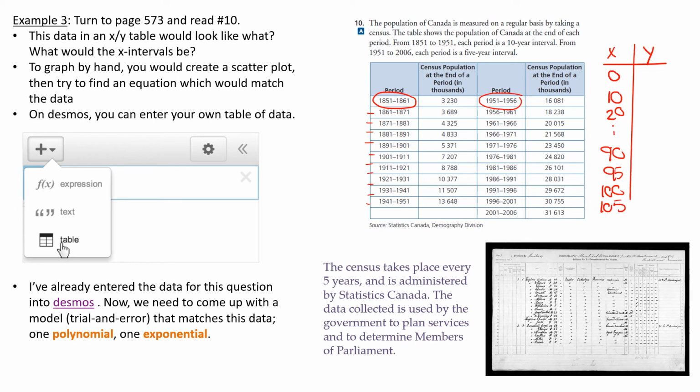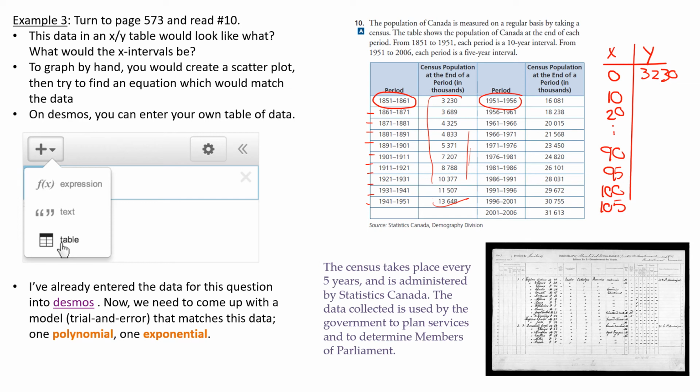So make a table. This first number is 3,230, and that is in thousands, right? And then you're going to just continue adding in these Y values that you see in the table. The first thing you need to do in order to graph this is to get a good X and Y table going so that you can turn it into a scatter plot.